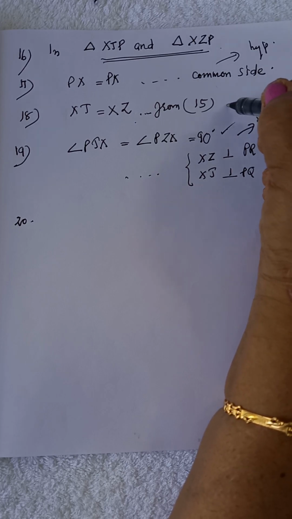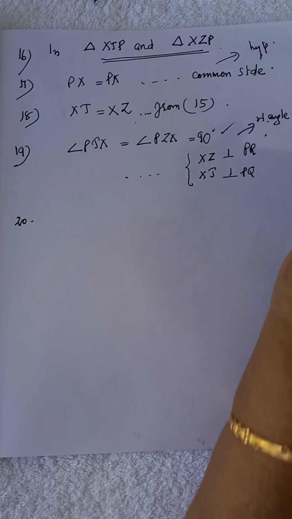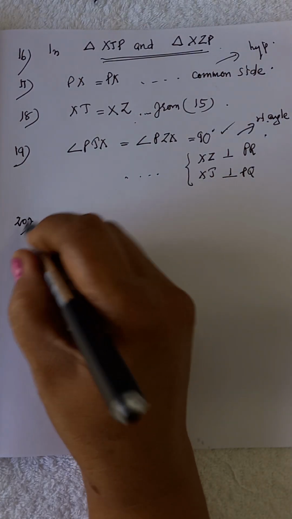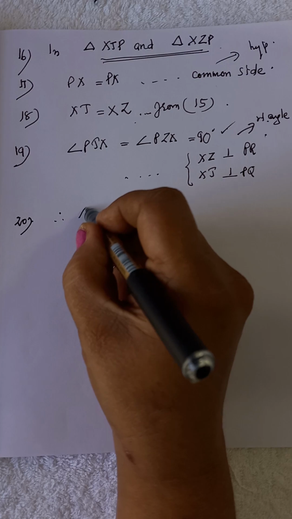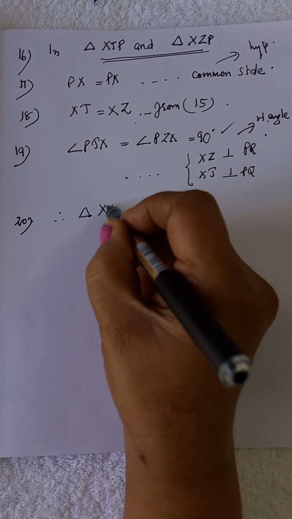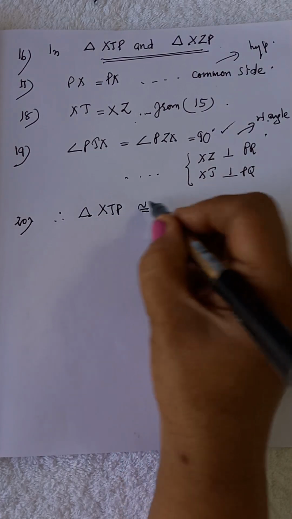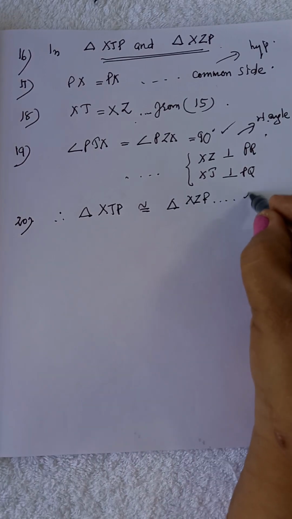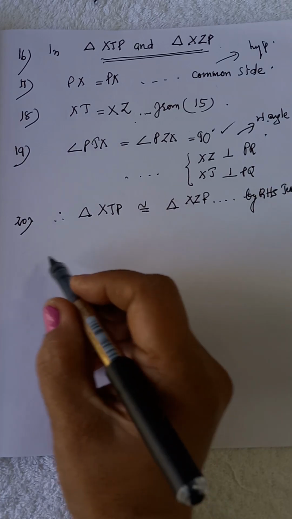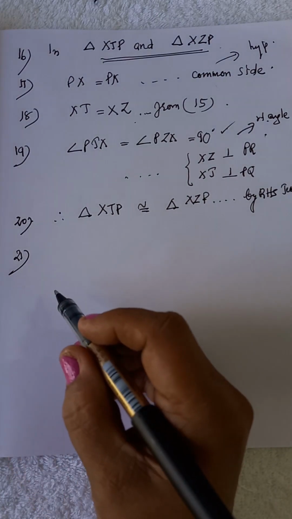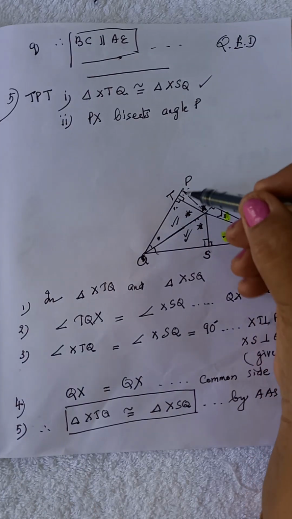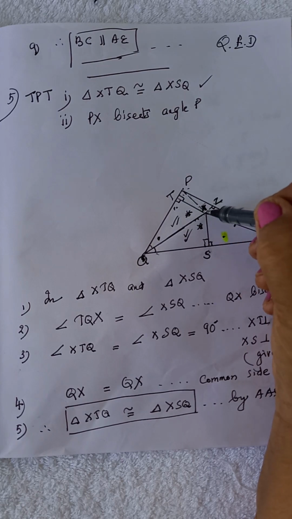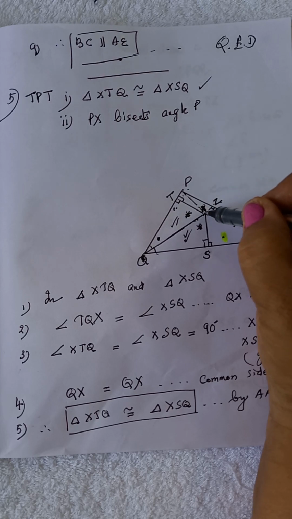So RHS test. So we can write 20th point as, therefore triangle XTP is congruent to triangle XZP by RHS test. Now the 21st point. Therefore angle TPX is equal to angle ZPX by what? By CPCTC.